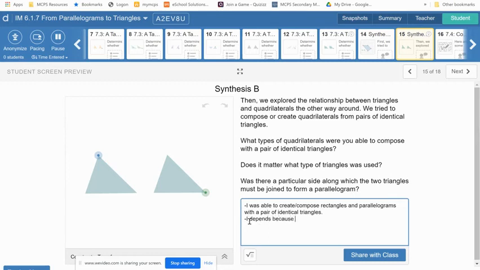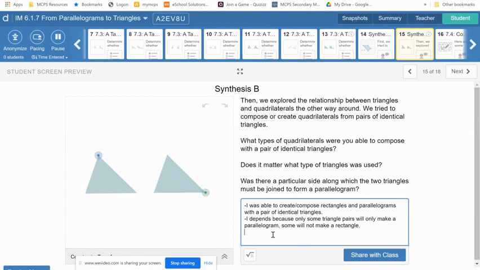It depends because only some triangle pairs will only make a parallelogram. Some will not make a rectangle. Okay. Next part, was there a particular side along which two triangles must be joined to form a parallelogram?